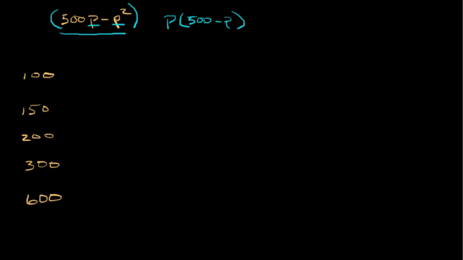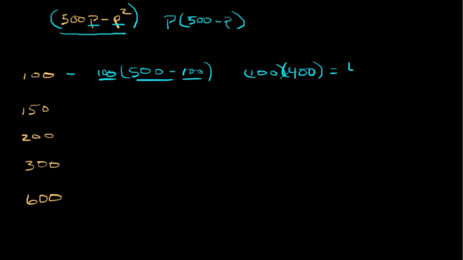Now, what this will do is it puts it in a little bit simpler format, and you'll deal with smaller numbers, and it would have made it even faster to go through and do the math. So if we plug in 100, it would be 100 times 500 minus 100. So this equals 400, and we're multiplying it times 100. So now we end up with 100 times 400, which is 40,000. See how much easier that was?